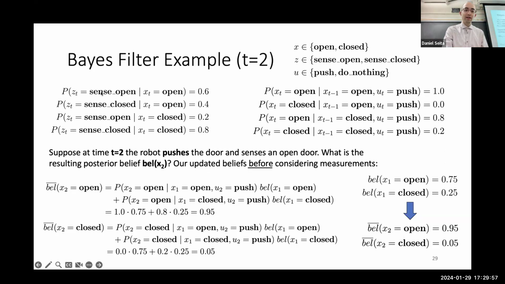Before we take into account the belief that the door was open, the next thing after that is to consider the sensor reading, because we sense an open door, it seems like that probability should go up. So yeah.